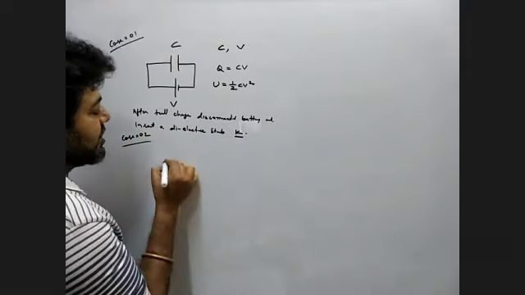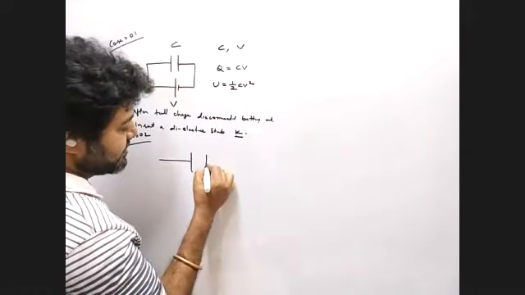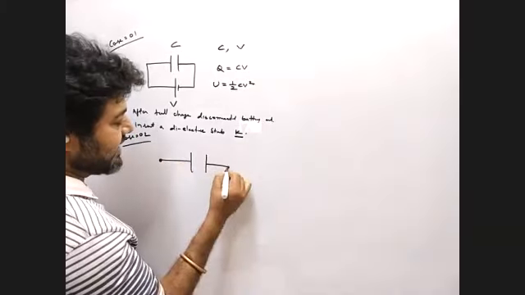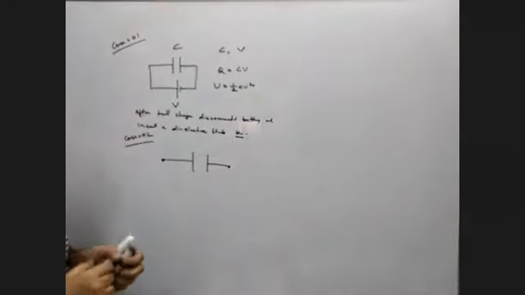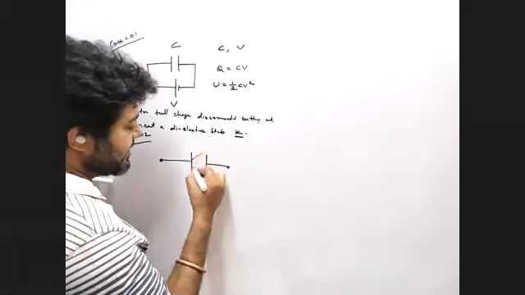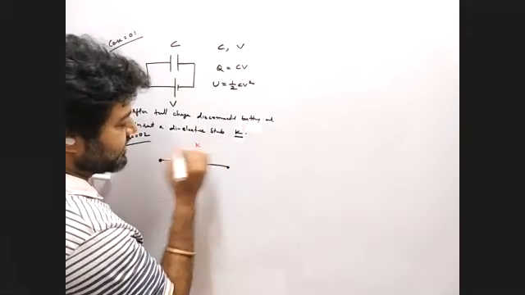What happens if, after full charge, we disconnect the battery and insert a dielectric slab whose dielectric constant is K?